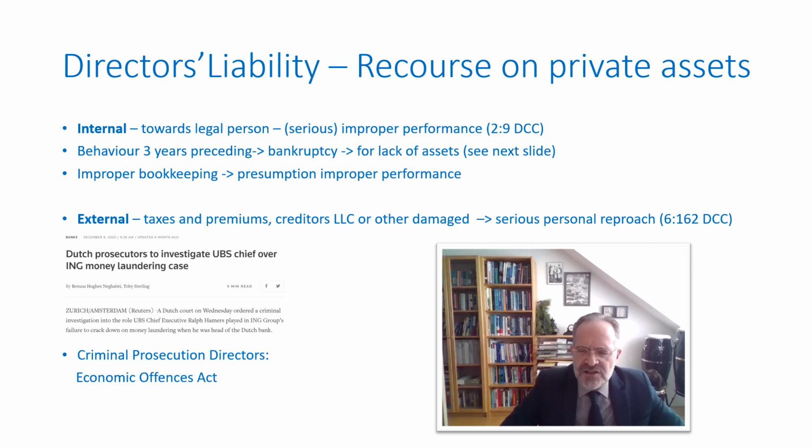For example, by selectively paying invoices and thus limiting the recourse opportunities for those which are not part of your selective payment. If anything you do in your capacity as a director can be seriously reproached to you personally, that could constitute an unlawful act and may lead to liability towards creditors or others damaged.